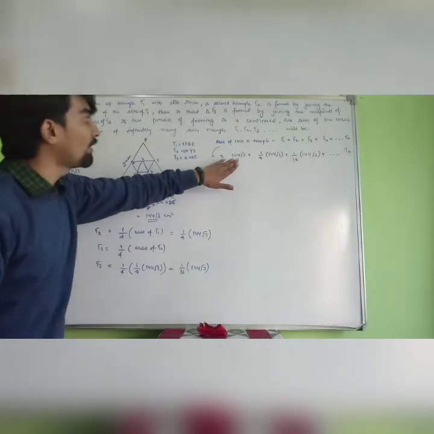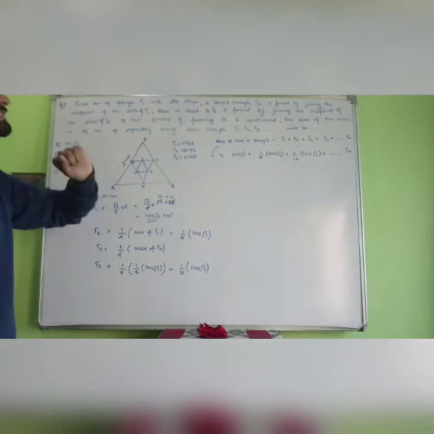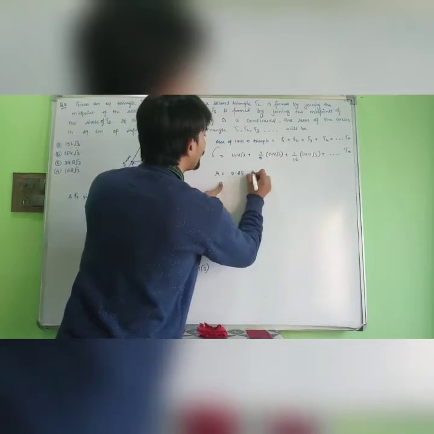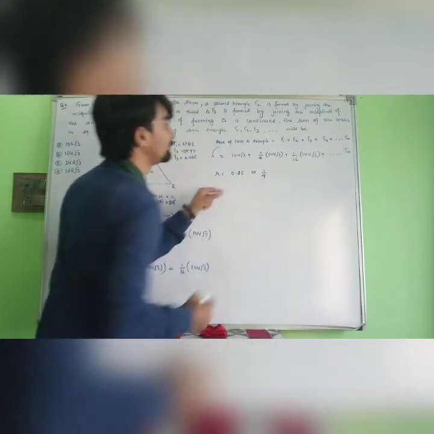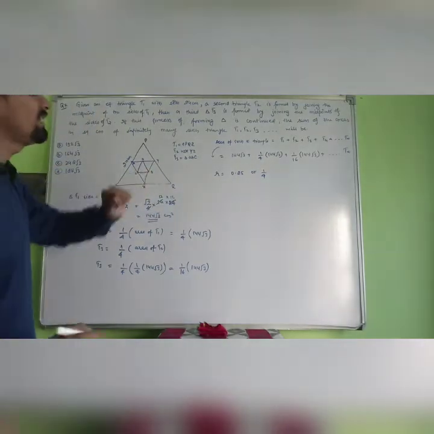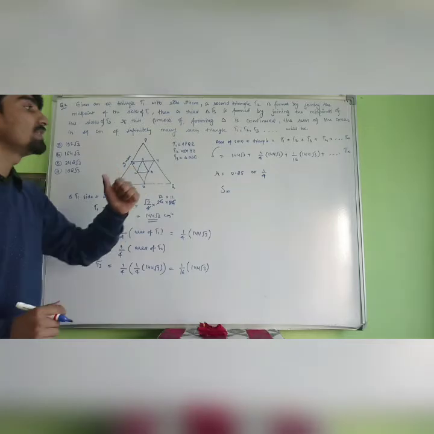Okay, now 144 root 3 and these terms form a GP series where r equals 0.25, or we can say 1 upon 4, right? Now what we have to find? We have to find the sum of the infinite GP series.